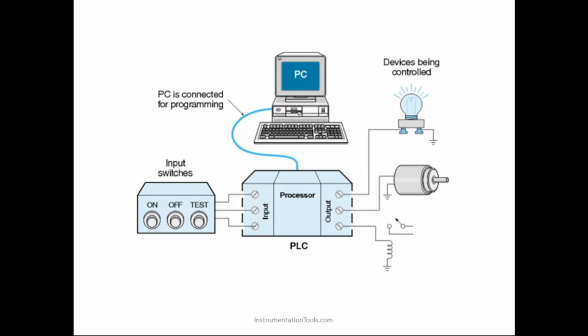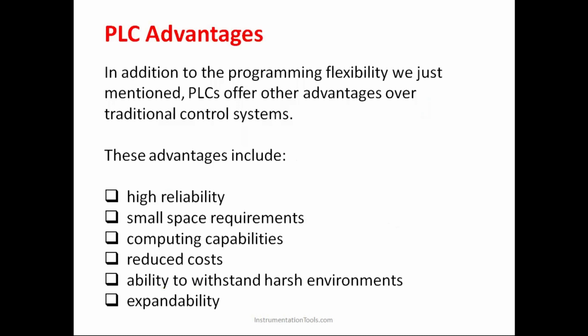Similarly, we can also control the state of a relay. Here we have a coil, and this coil is energized from the output of the PLC, and accordingly switching takes place.